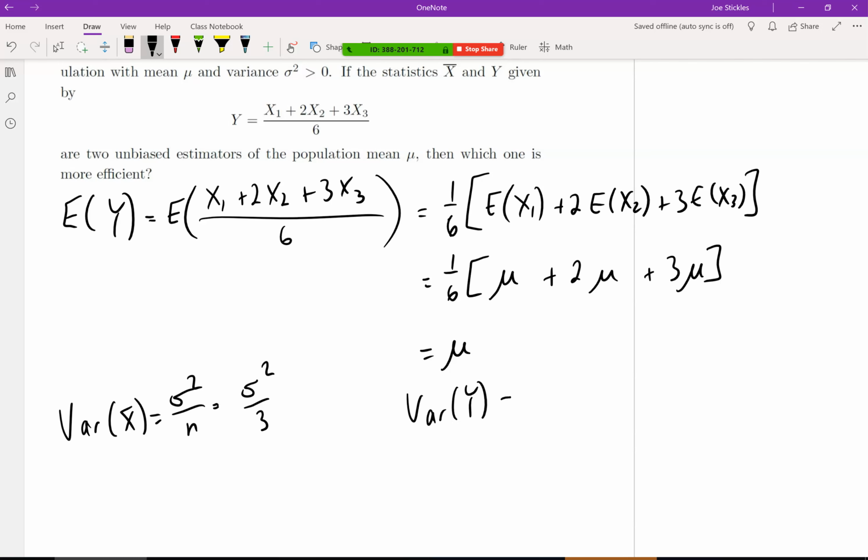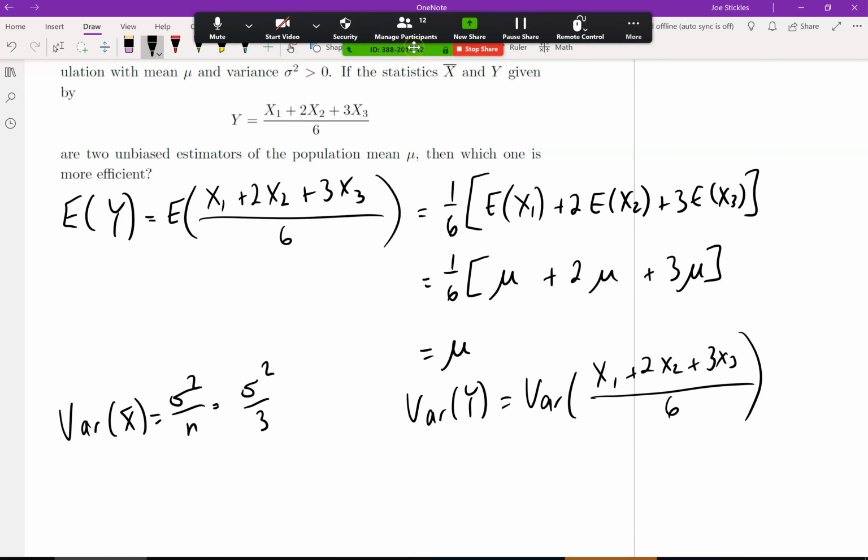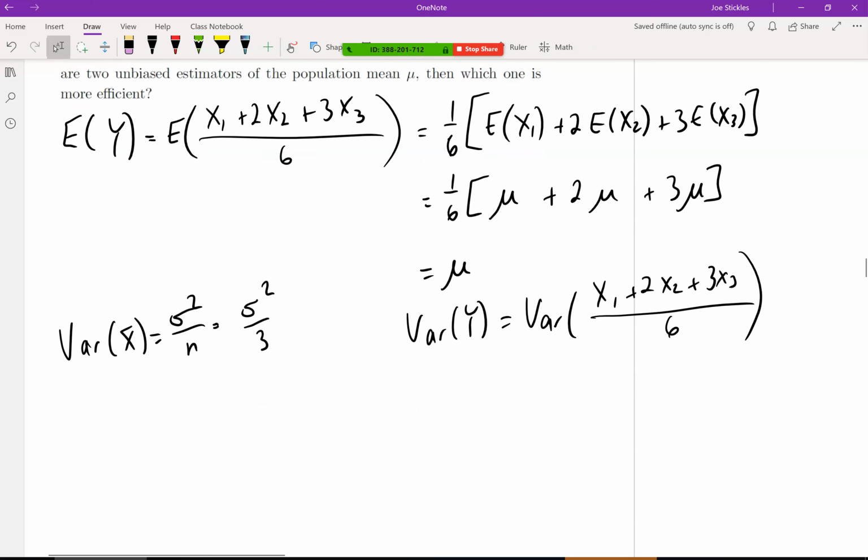For Y, we've got this longer statistic here. We know that we can pull out the constant, but when we pull it out of the variance we have to square it.